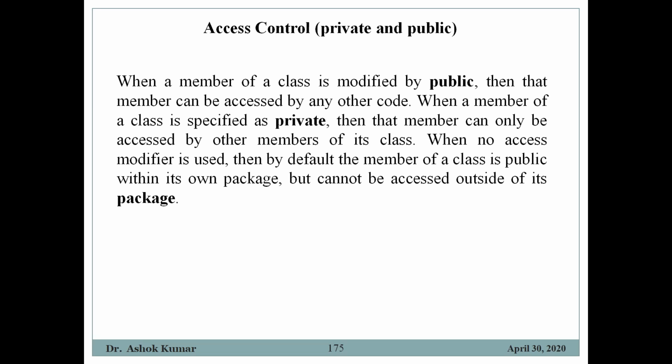We'll discuss this term, within its own package, in more detail in the chapter on packages that we will discuss in the coming lectures. And public, private, and protected are the rest of the access specifiers. We'll discuss these access specifiers with examples in the coming slides.